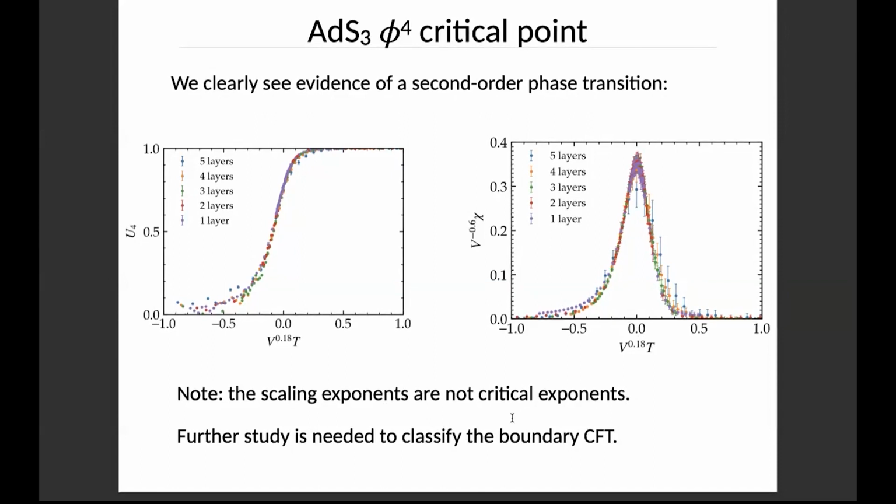We can't say at the moment what type. I'm sure it's in the Ising universality class, but whether it's long range Ising or short range Ising or something in between requires, actually, the critical exponents are pretty close for all those. So you need to make sure you really nail down your analysis. But we don't want to make a claim about which exact CFT class this is in. Okay, so further study is needed in order to do that.